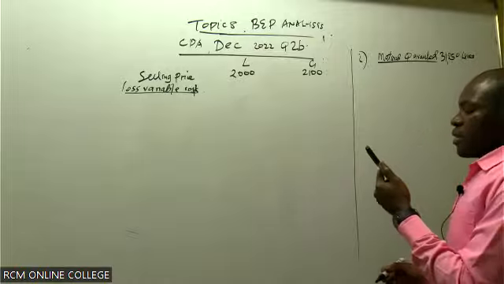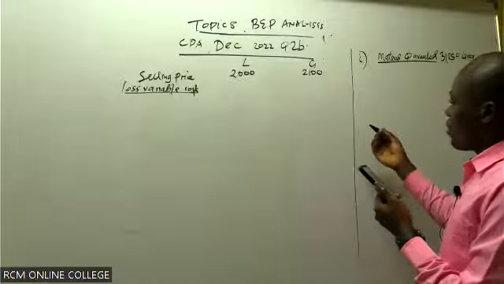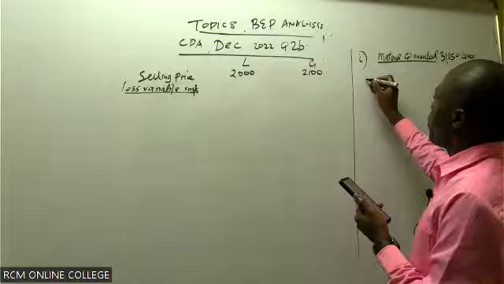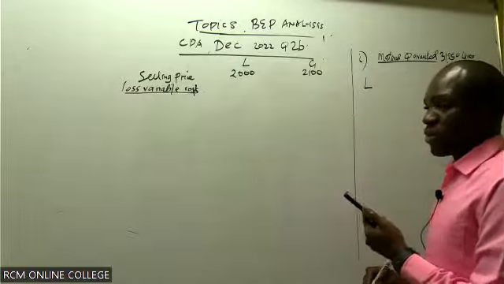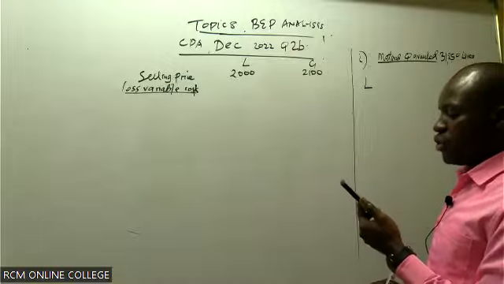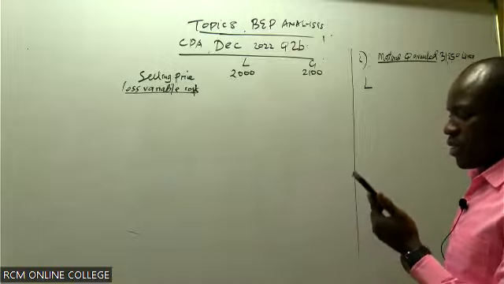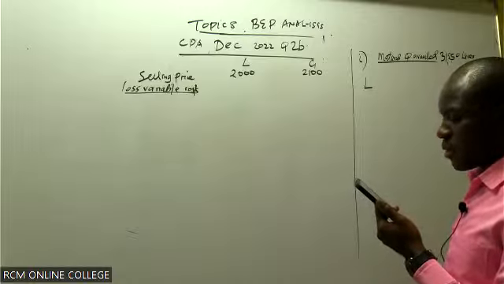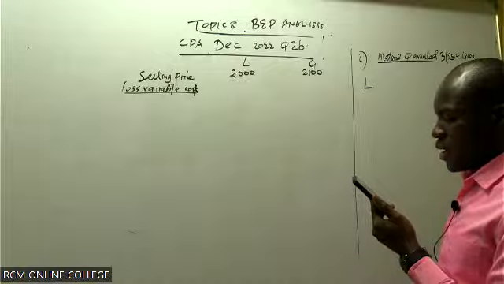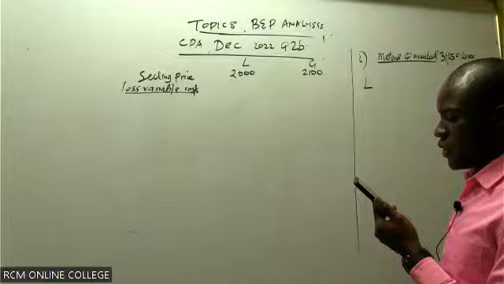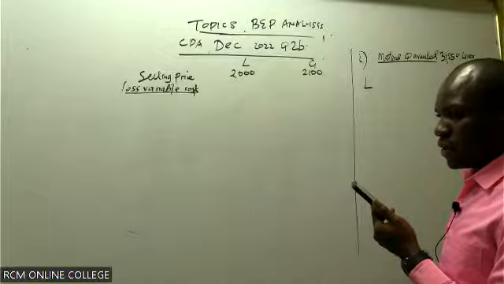Now, how many liters of material Q do we need to produce 1 unit of L? How many liters of material Q do we need to produce 1 unit of L?